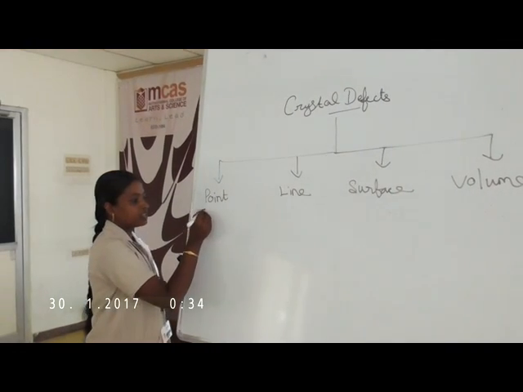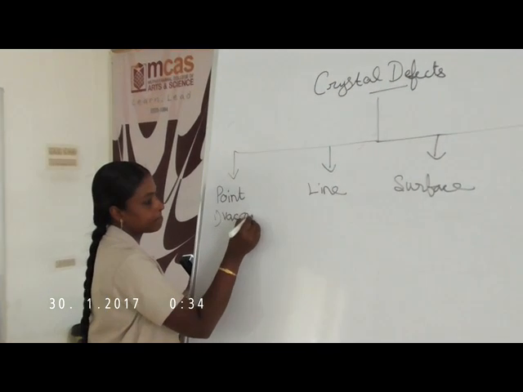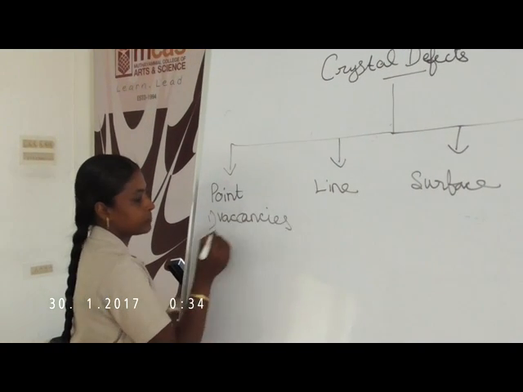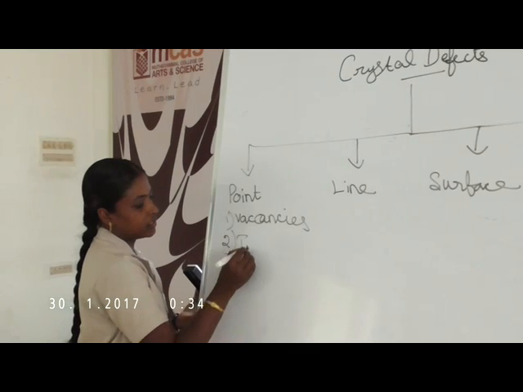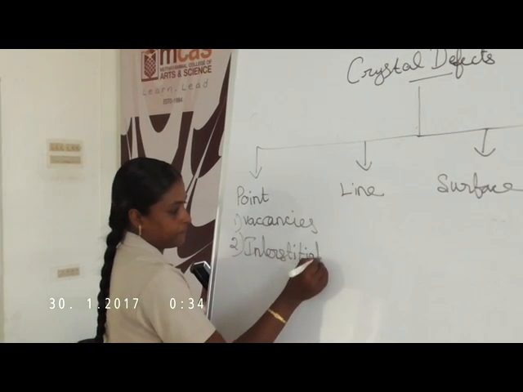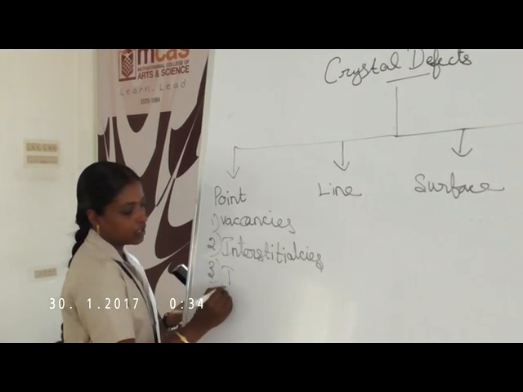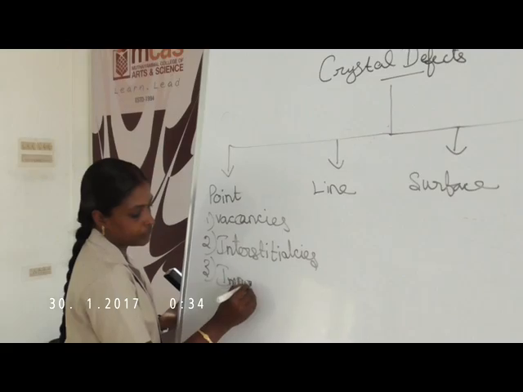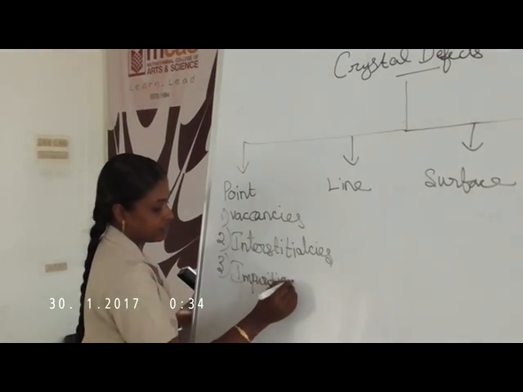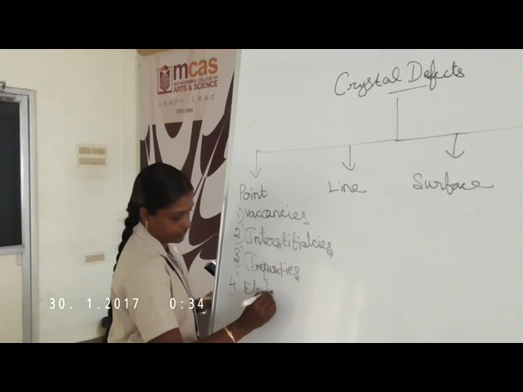Point defects have subtopics. First one, vacancies. Second one, interstitials. Third one, impurities. And fourth one, electronic defects.